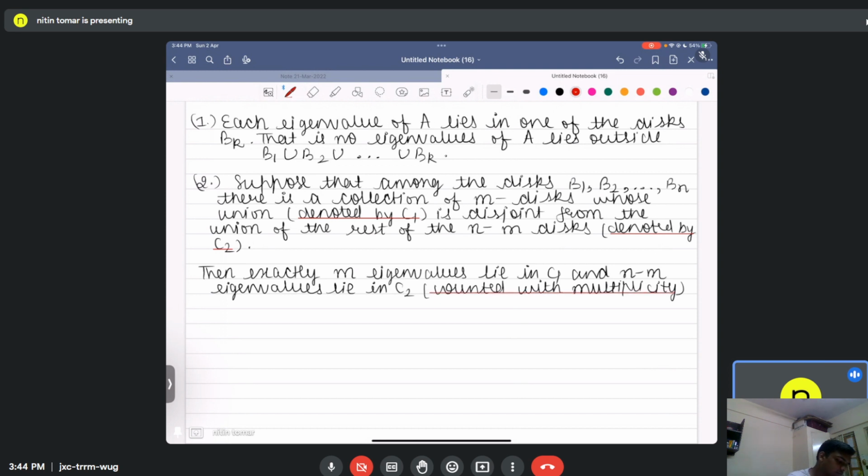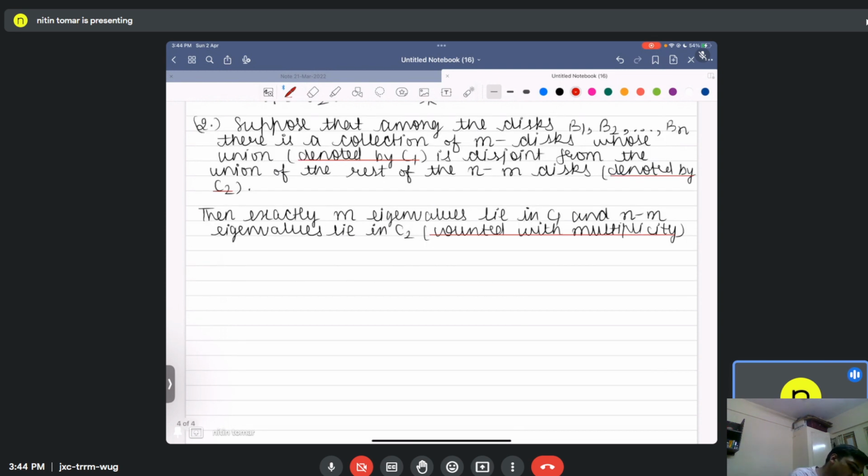So for example, let us try to see what is happening geometrically. Let's say you draw some disks like this, and the other disks like this.